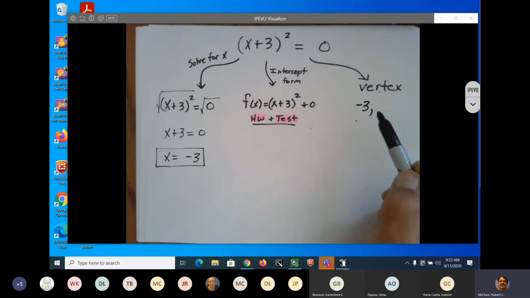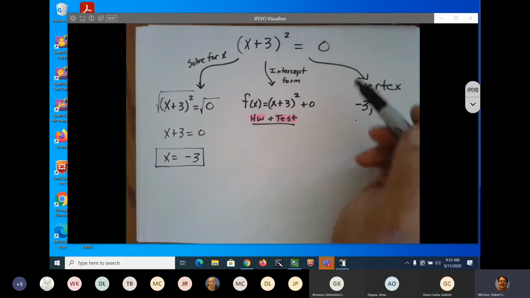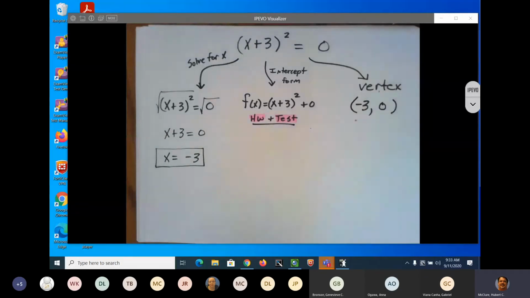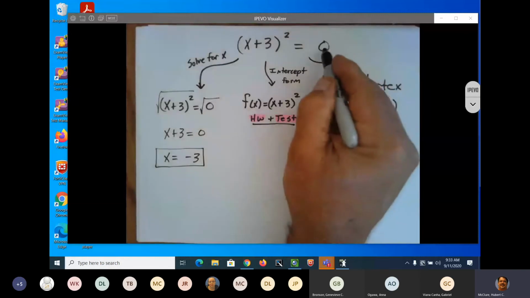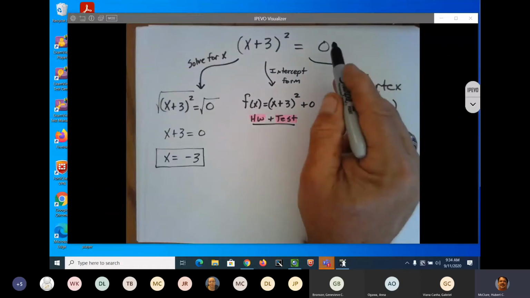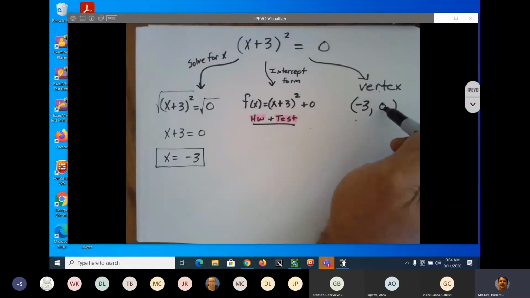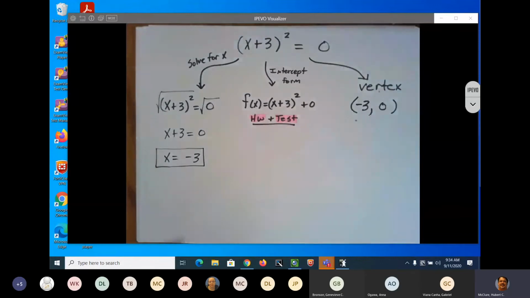So that'd be -3 and -0, but we'll see later there is no opposite of 0. So there is the vertex. Now you're going to see if this was a 4, it'd be -4. If it was a +5 or -8, it'd be a +8 right here. So we'll get to that later with the more difficult problems.